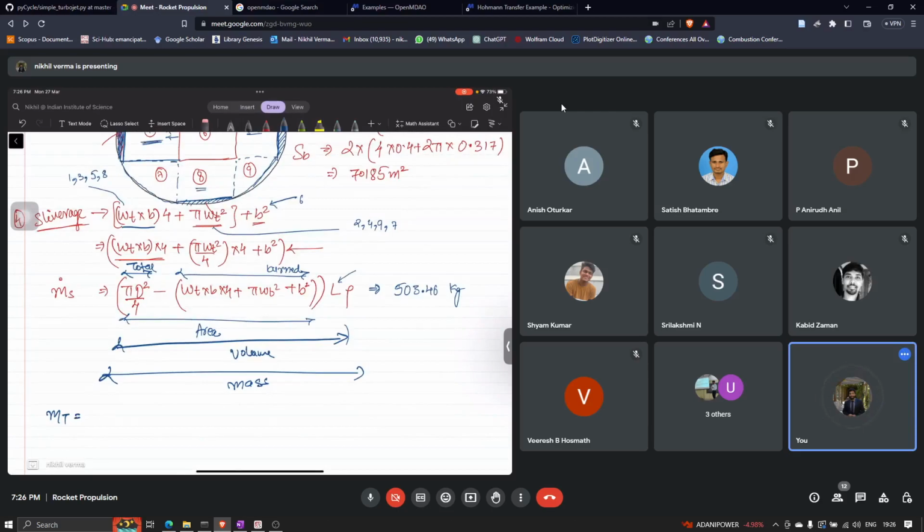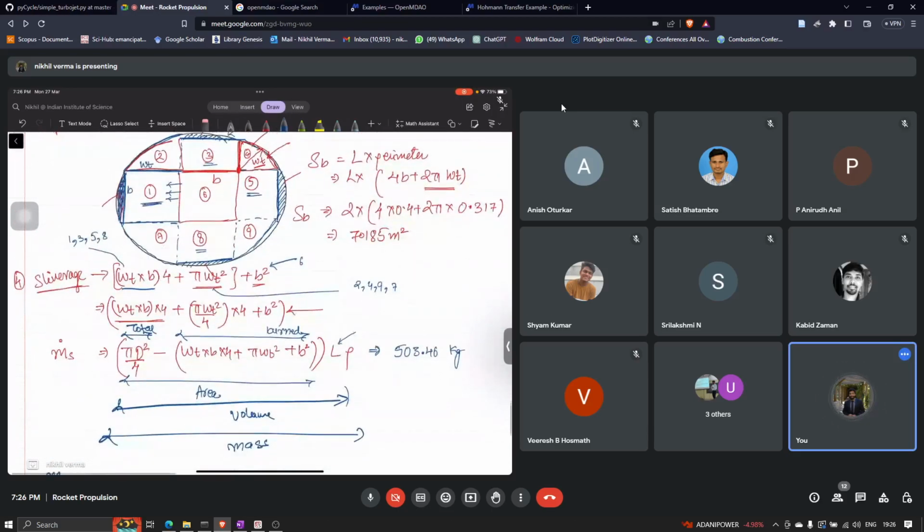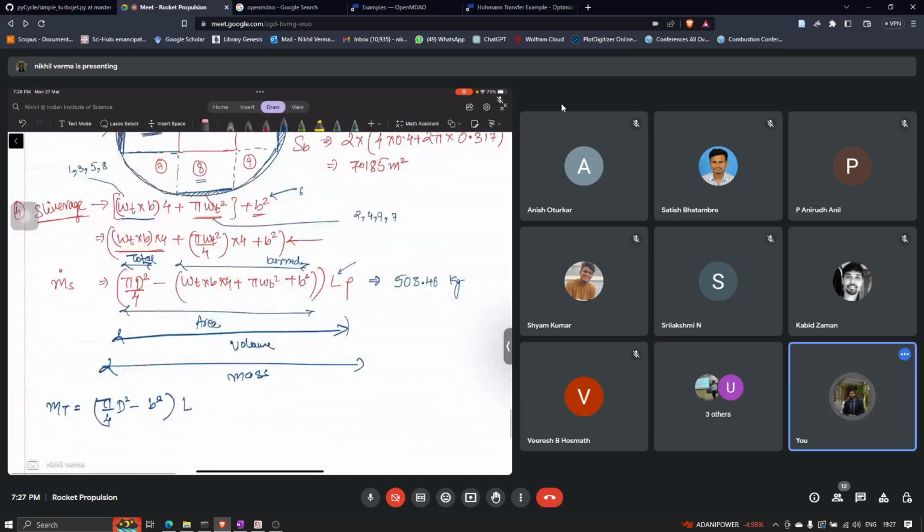Let us calculate the initial total mass. Okay, this is pi by 4 d square minus b square into length into density, right? Can you calculate what is the total mass?